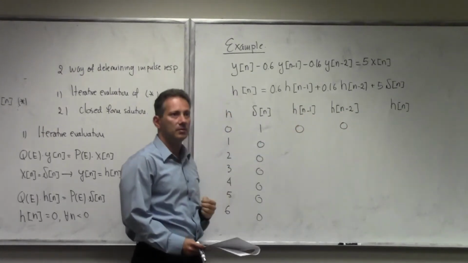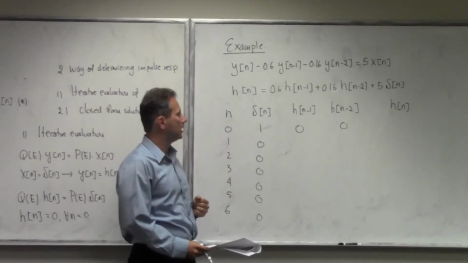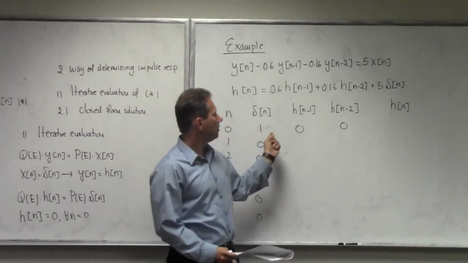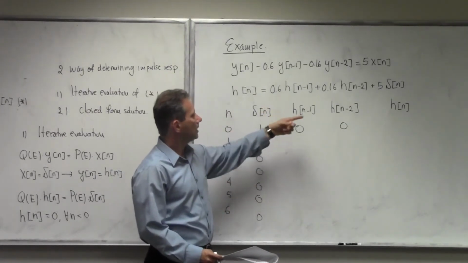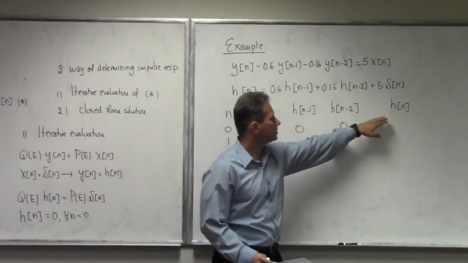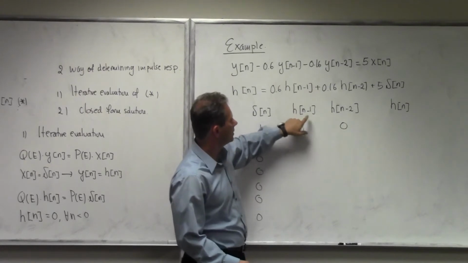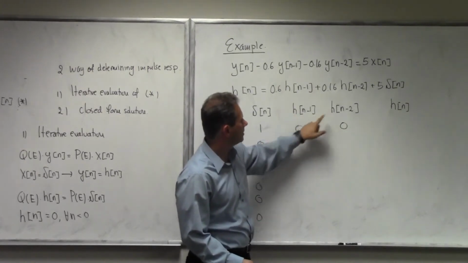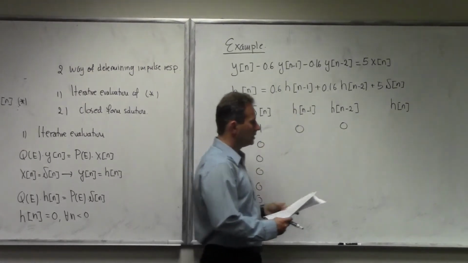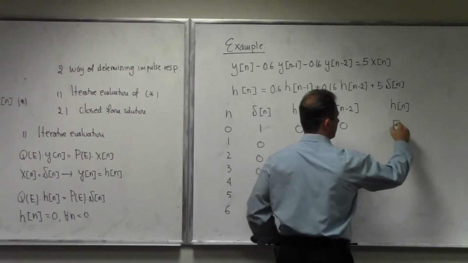Before I actually presented delta, the system was relaxed. Now, from here, I can calculate what h[n] is going to be when n is equal to 0. It's going to be 0.6 times this one, 0.16 times this one, plus 5 times this one. So it ends up being 5.